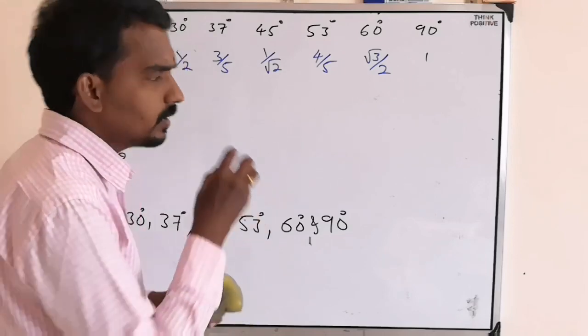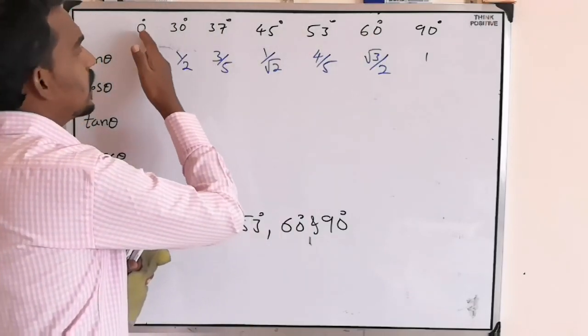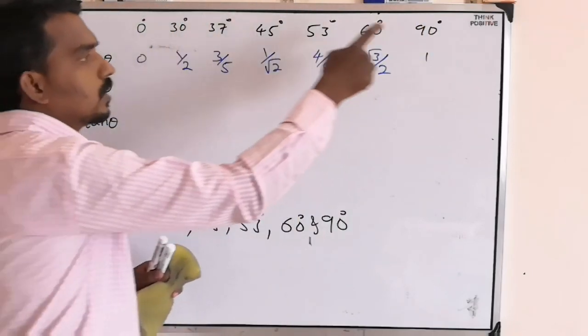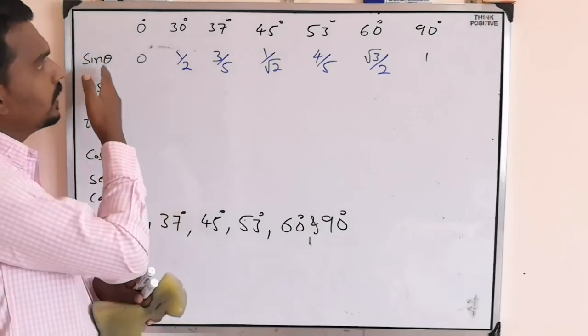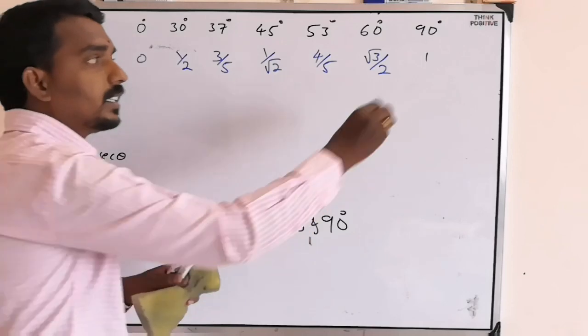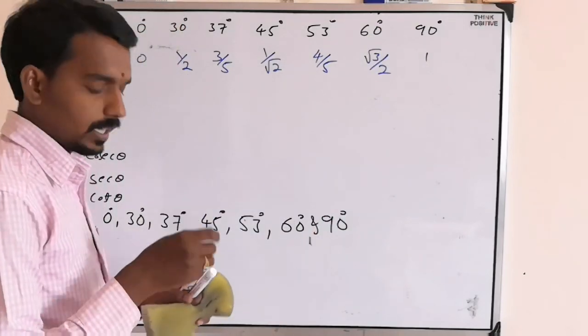So theta 0 means the sin theta value is 0. But when theta increases from 0 to 90, the sin theta value increases from 0 to 1. And this is the maximum value for sin theta.